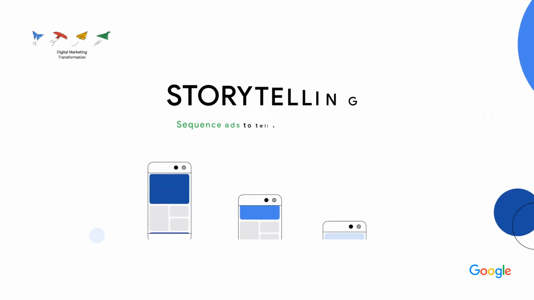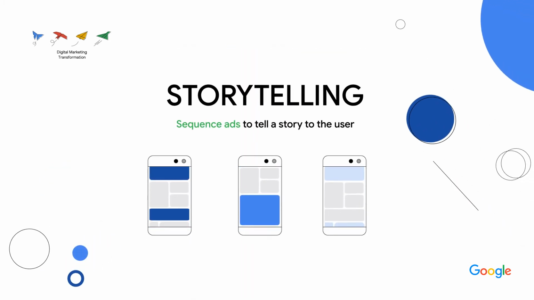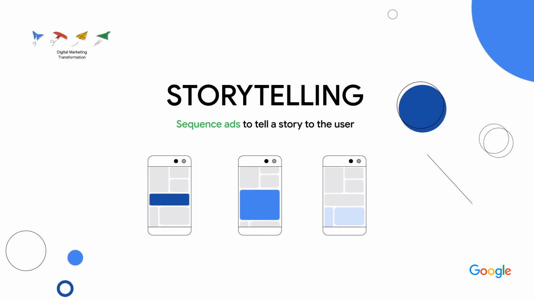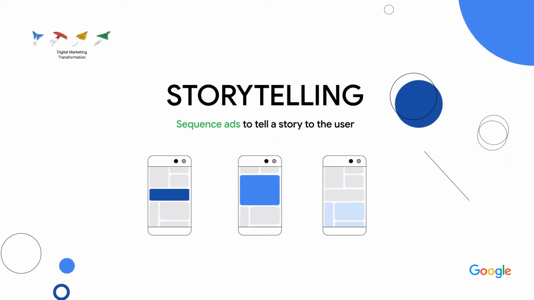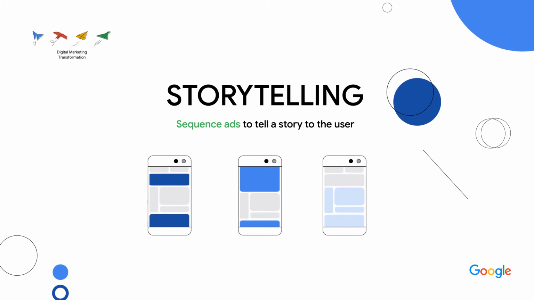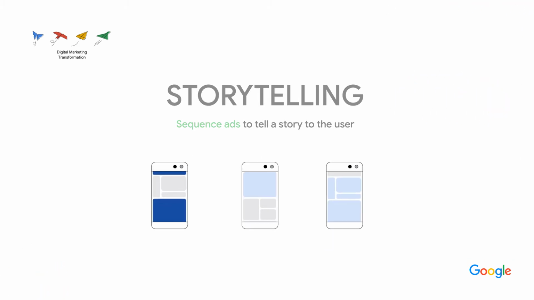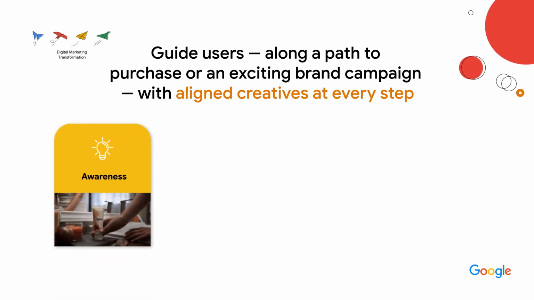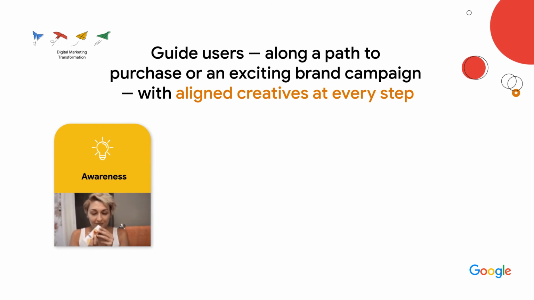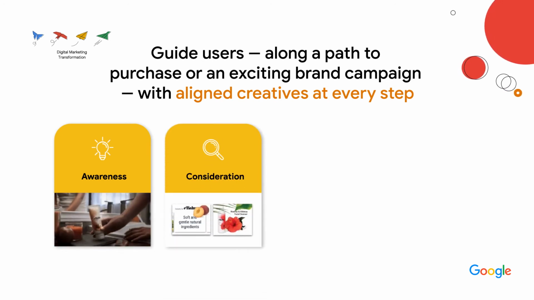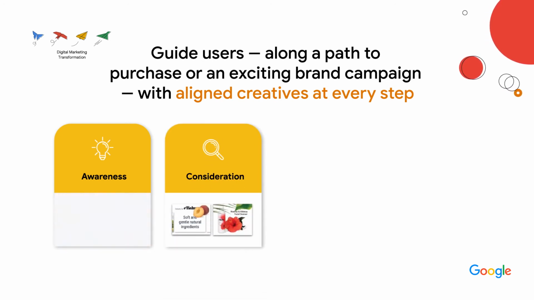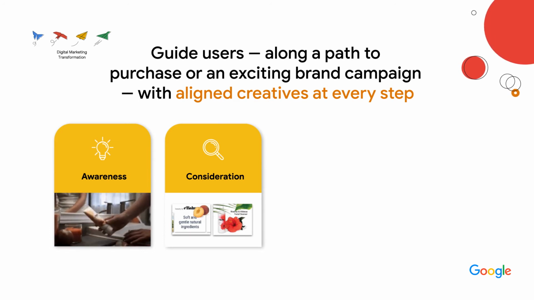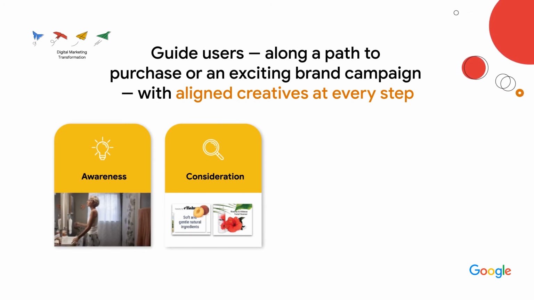Then we've got storytelling, so the ability to tell sequential stories via display. A good example of a story being told: the first asset would be, let's say, a video, and then you want to drive consideration, so you would show an asset which has more convincing messaging within it.